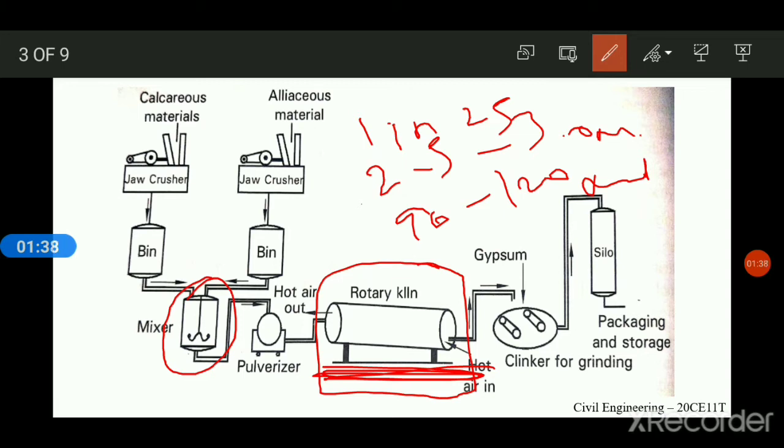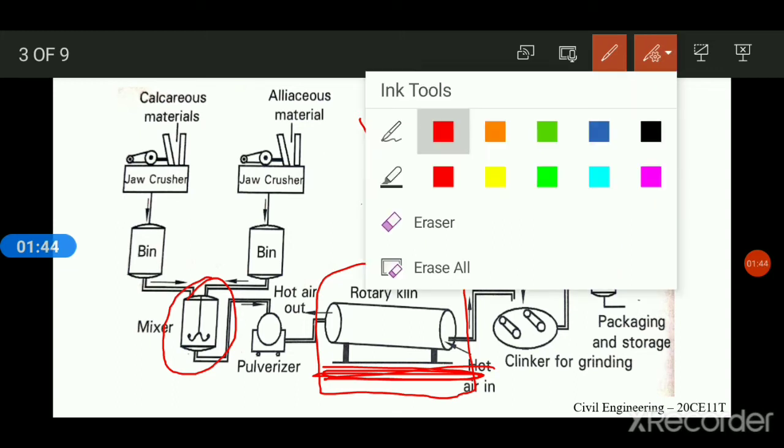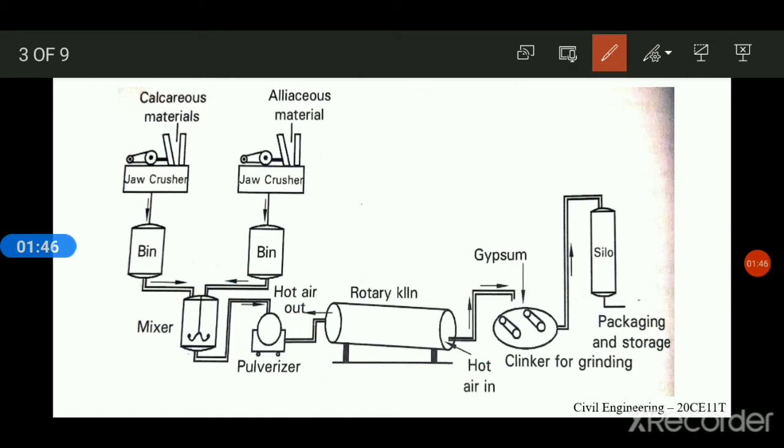Now I'll explain the process of burning in the rotary kiln. The raw mix is injected into the kiln from its upper end.